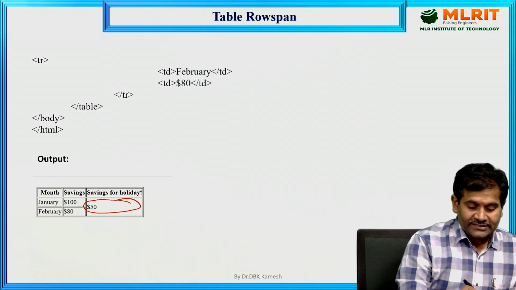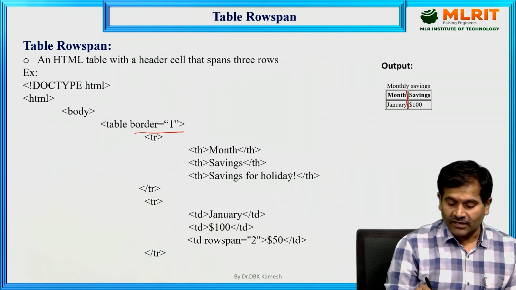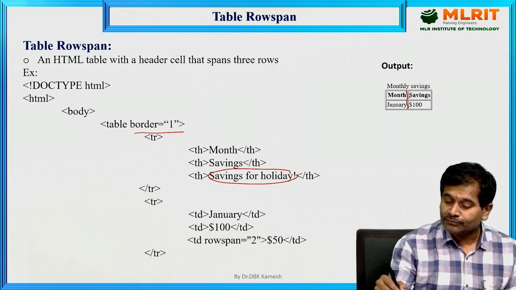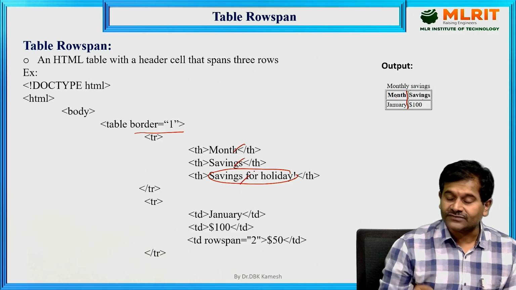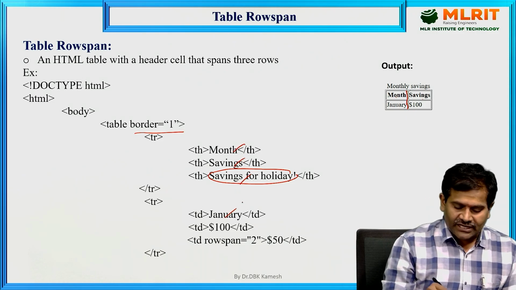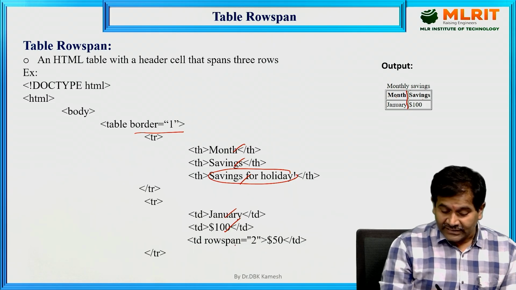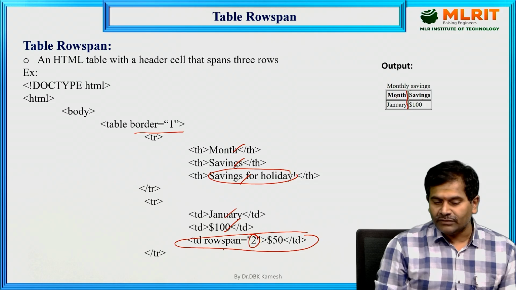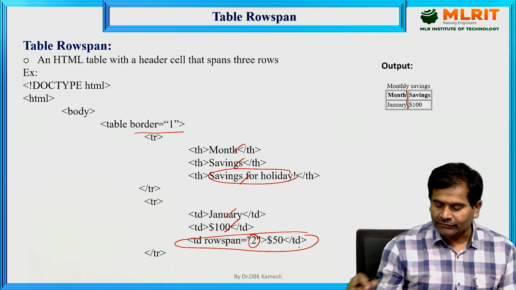In this, savings for holiday we have given. The last one has 3 headers, while the previous output is month, savings; now it is month, savings and savings for holiday. So January, then 100. Here we have given the row span as 2, which means we have to club 2 cells into $50.